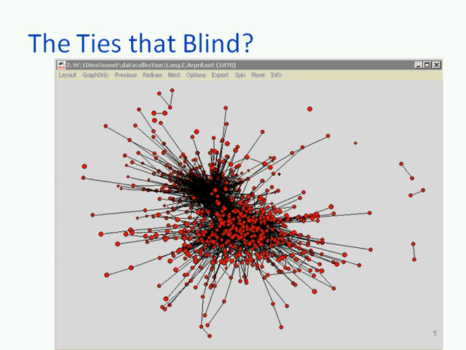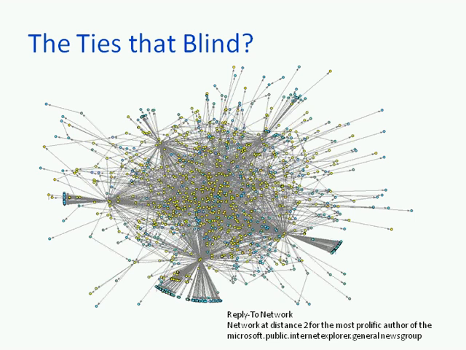Rather than the ties that bind, in some ways these may be the ties that blind, obscuring the very phenomena that we are seeking to identify. In many cases there are just too many dots, too many edges to actually see any structure. And the challenge is often that the tools are quite complex for whittling away this data to find at the core some data structure or phenomena that is of interest.